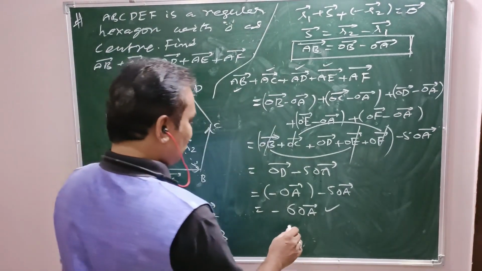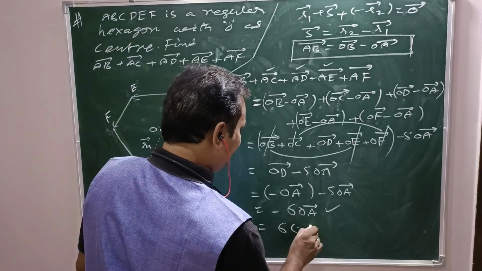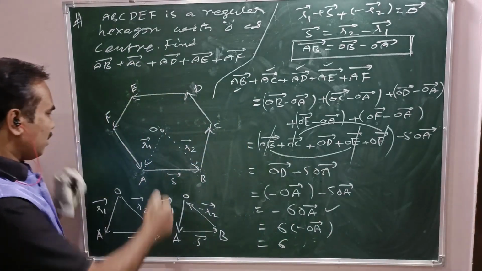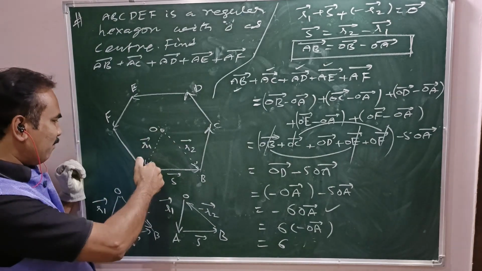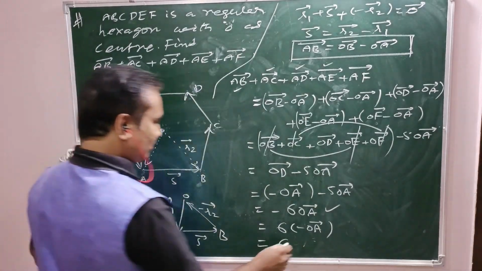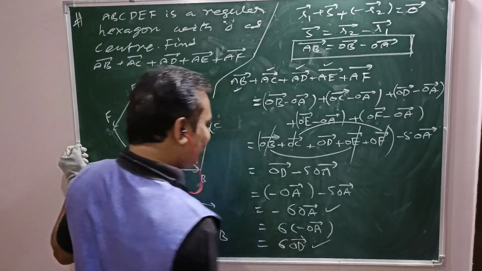Otherwise, 6 into minus OA bar. If it is minus OA bar, then minus OA bar equals OD bar. This is the ultimate result.